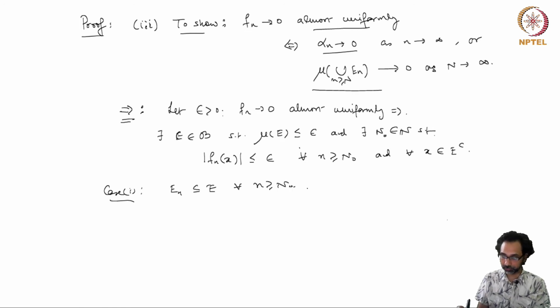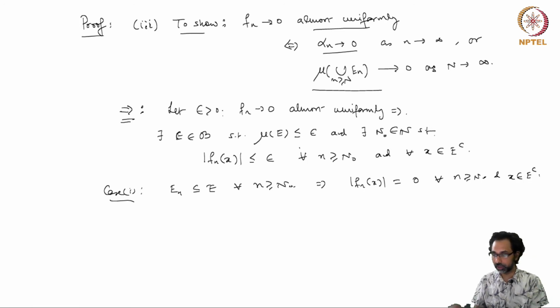So in this case, this means that mod of Fn(x) is equal to 0 for all n greater than or equal to n naught and x in the complement of E, because x does not belong to any of the sets En, and because Fn is equal to alpha n times the indicator function of En, this is going to be 0 for all n greater than or equal to n naught.